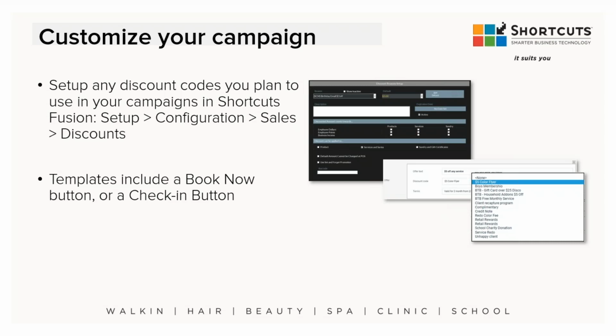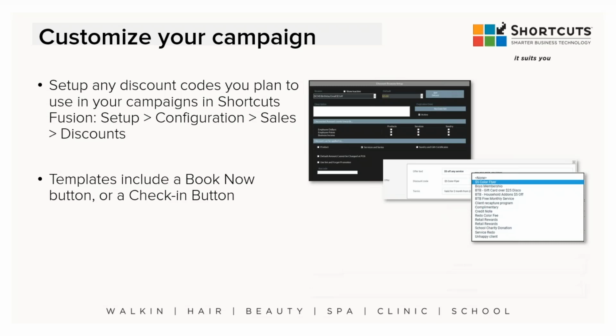Every template includes the ability to put in a coupon, and also the ability to put either a book now or a check-in button. And if you don't want to do that, if you just want to send a message to your customers and you do not want to include a coupon or any other links, then on the right side of the discount or of the book now, there's the ability to remove that row.